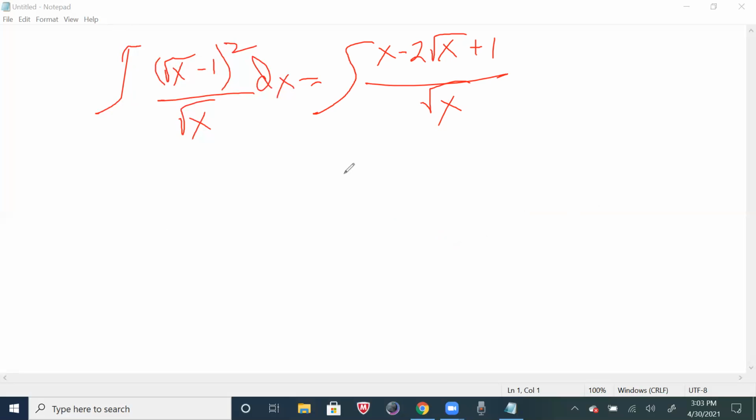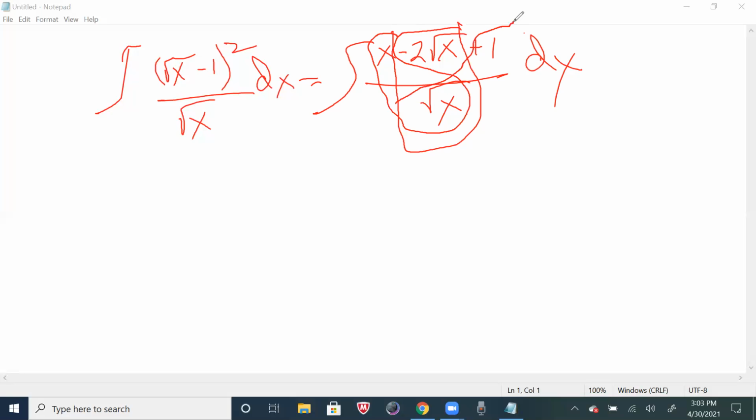Now, because we have a single entity in the denominator, we can separate this into 3 fractions. There's that fraction, there's that fraction, and there's this fraction.